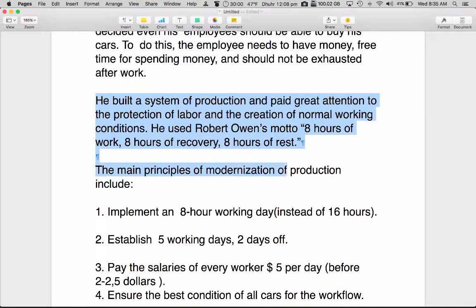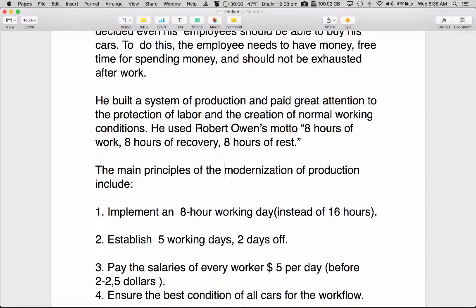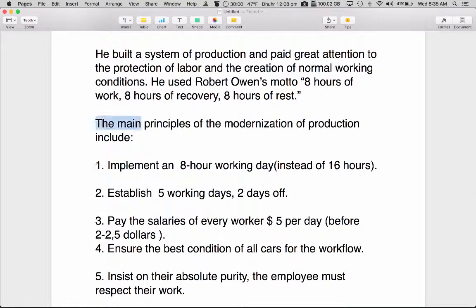The main principles of the modernization of production include: implement an 8-hour working day instead of 16 hours.